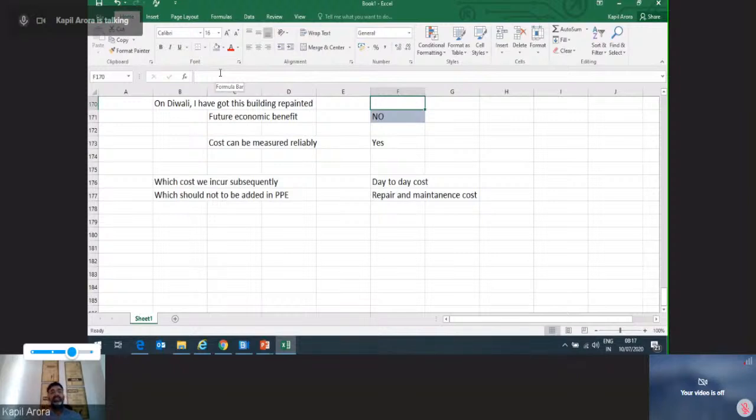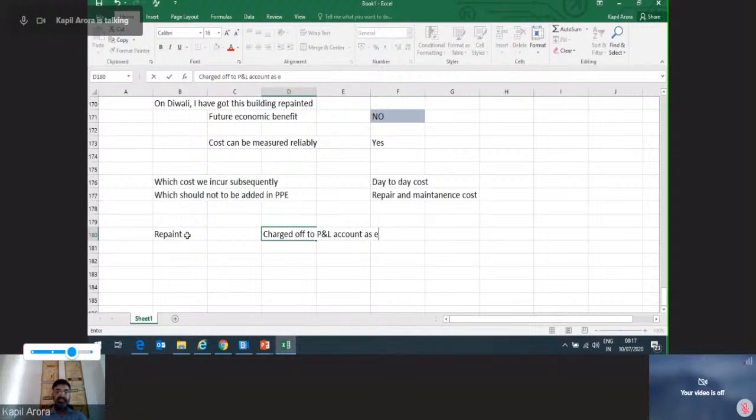I am doing the maintenance annually, so this is not going to be added as the future economic benefit. That is the regular expense which I am incurring year on year to maintain my asset. So the amount which I have spent on repaint, instead of adding it as asset, will be charged off to profit and loss account as expense.